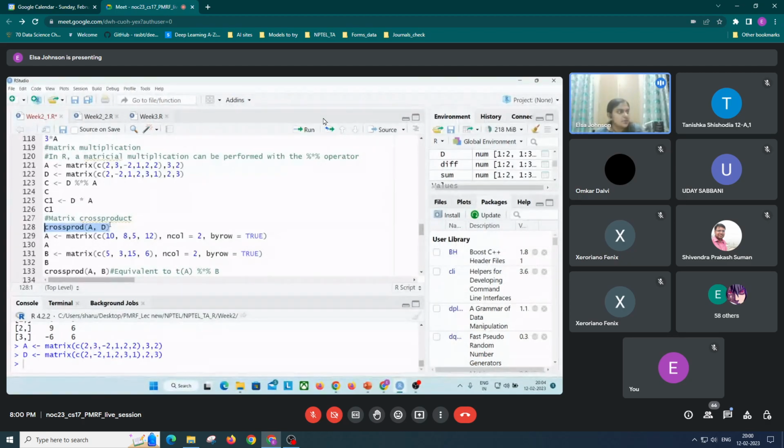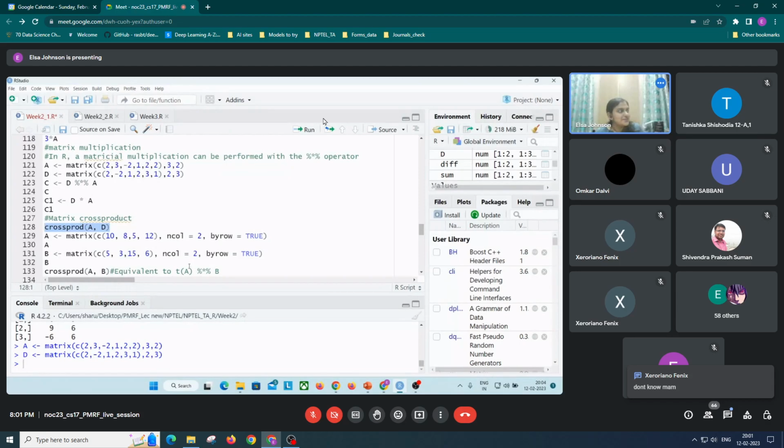You can type in the chat window. I have written there also.